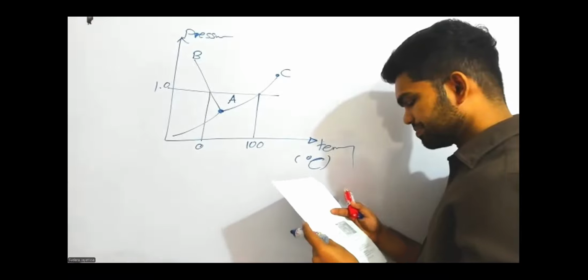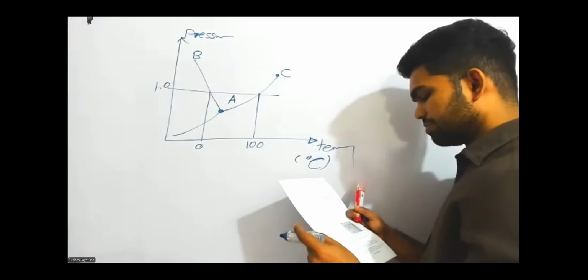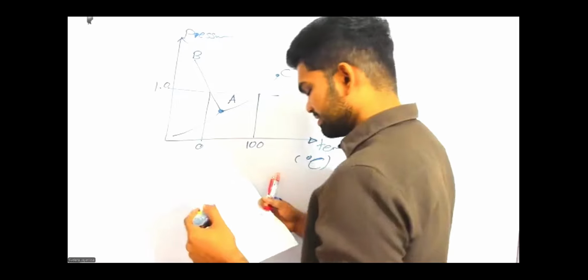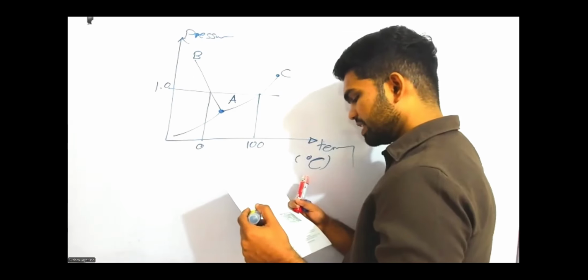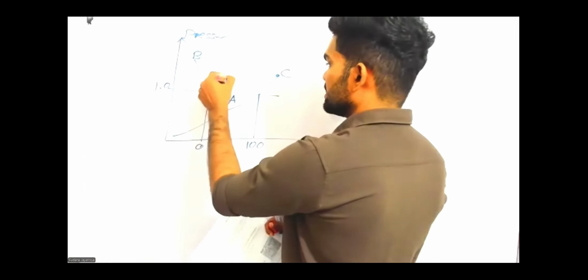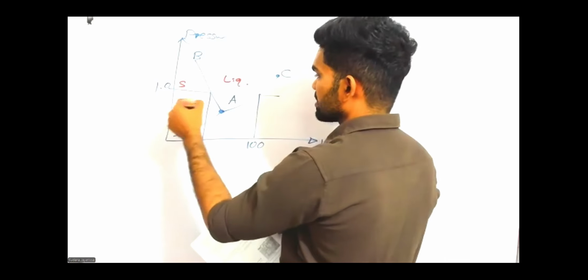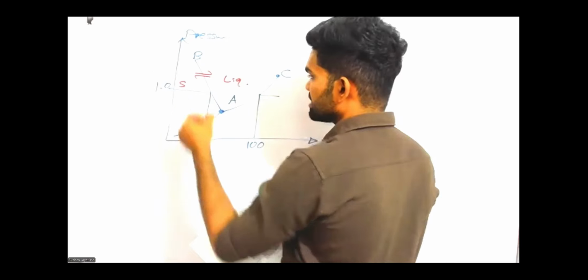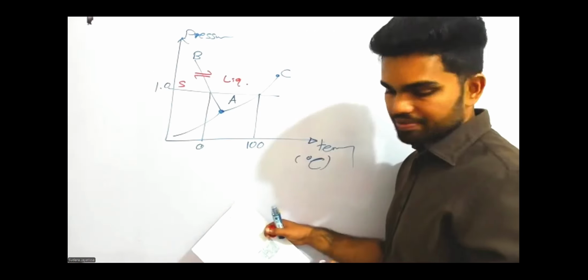This is the diagram. Now, this is your liquid, this is your solid, no? So solid-liquid equilibrium is maintained over this line.